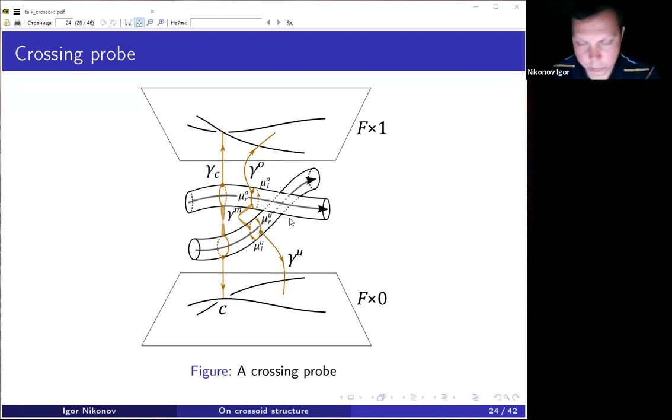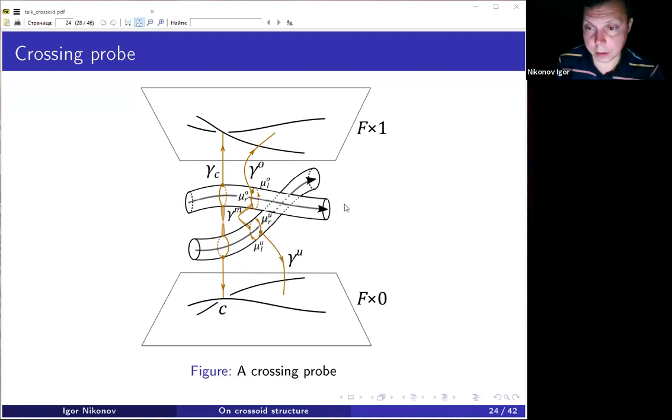a knot in some thickening of some surface F. We can think that F, for example, is the sphere. So consider a knot. Then we consider homotopy classes of paths which go from top to bottom and intersect the knot twice, and the arc between two intersection points is framed.